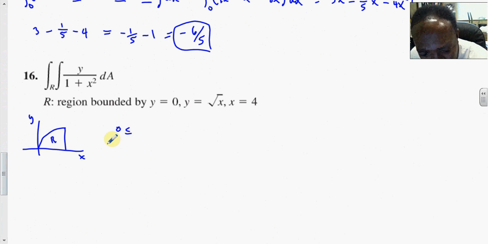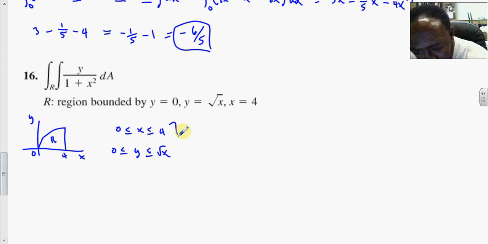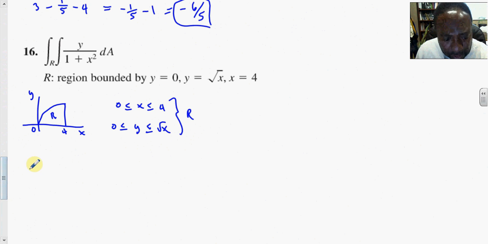X is bounded from 0 to 4. And then y is bounded from 0 to the square root of x. This is R. So we got it. So this is the integral from 0 to 4. Always the numbers go on the outer integral.